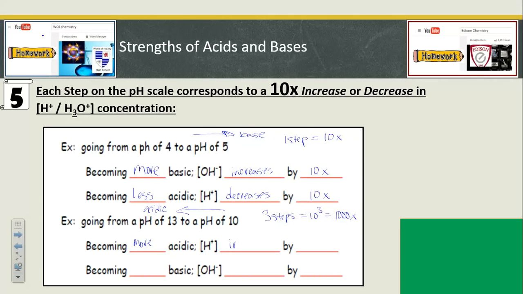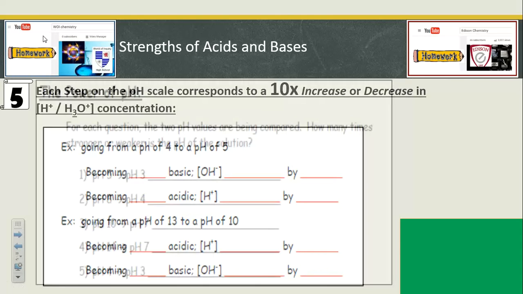H plus increases by 10 to the third, which equals 1,000 times. Oops, that's 1,000 times, not 100,000. And every time it becomes more acidic, it becomes less basic. So the hydroxide decreases by the same factor, 10 to the 3 equals 1,000 times less basic.